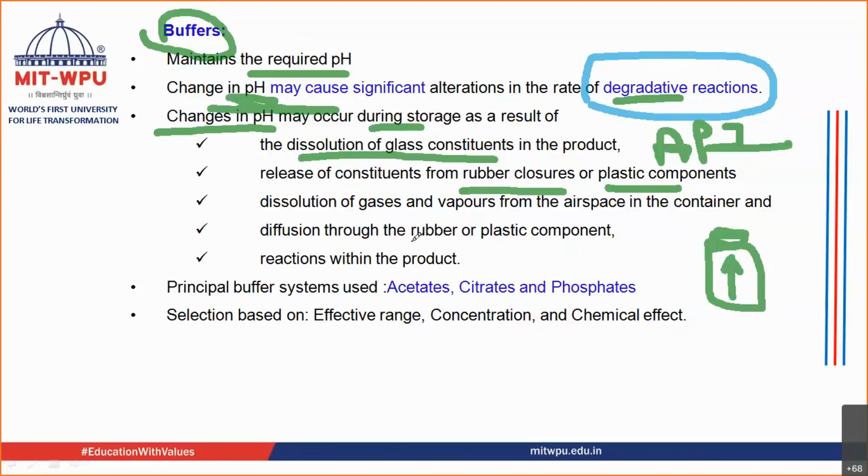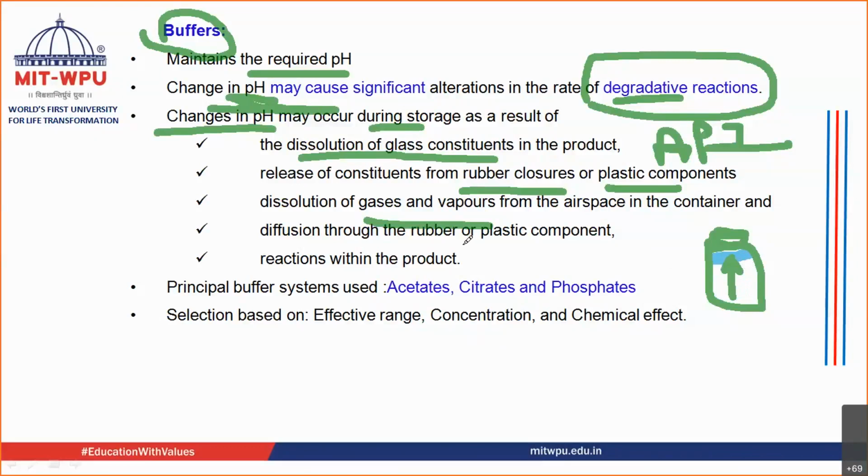Another reason for change of pH may be the dissolution of gases and vapors that are present over here. So here at the top, there are some gases and vapors that are present, as I told you earlier, right? Because of these gases and vapors present on the top, your product may also have a change in pH, right?